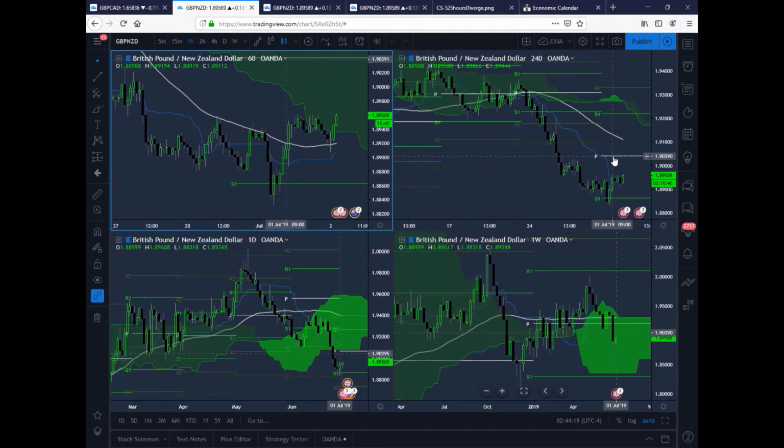So adjust that. So that's a wall right there.